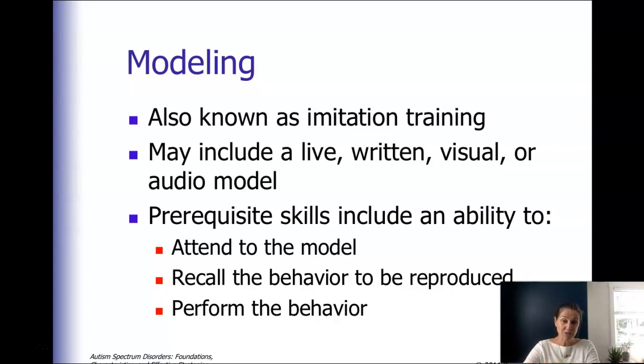And they have to physically be able to perform the behavior. So for instance, if someone modeled a back handspring for me, I would not have the prerequisite skills to be able to imitate that. So we have to remember that in order to teach something through modeling, the learner has to be able to perform the behavior in order for imitation to work.